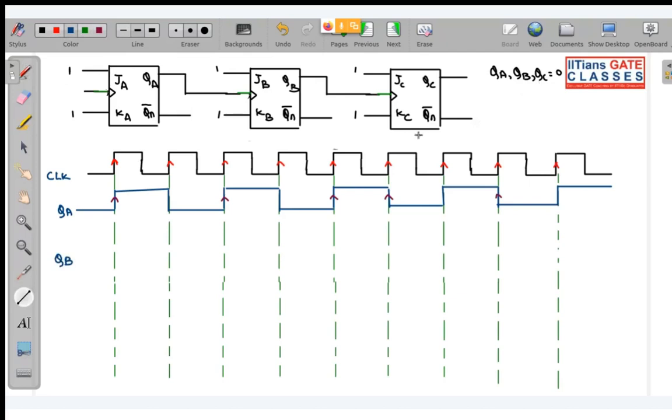Initially this was also 0. So this will go from 0 to 1 at this edge, and it will stay over here till the next edge.